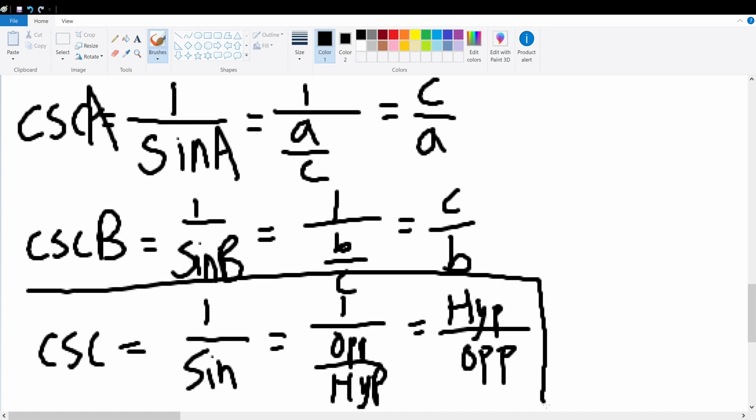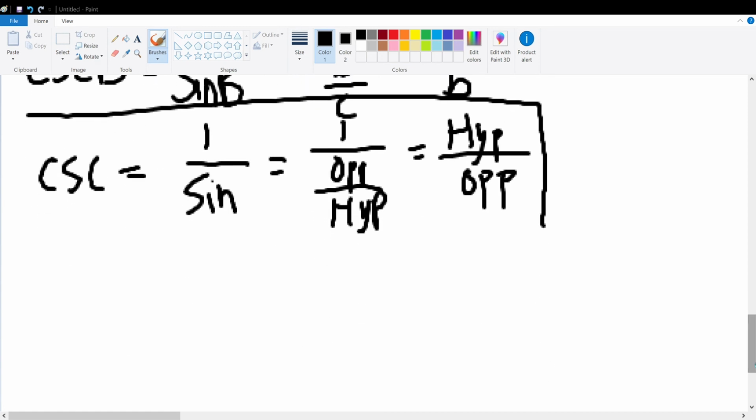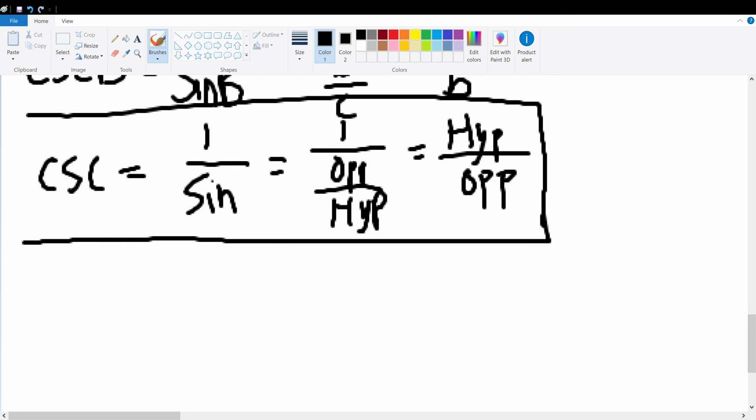Likewise, I encourage you to pause the video to find out the relationships and the definitions of cotangent and secant, respectively, as like this example.